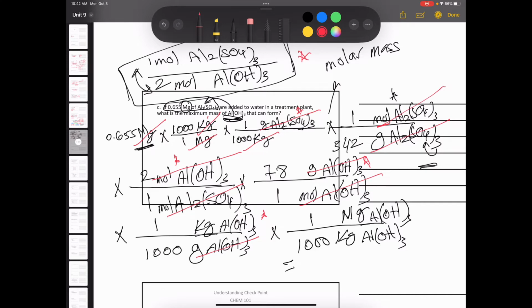And then I just need to convert that into a megagram using the conversion factor of the metric system. So when you put all these numbers in the calculator at the end, you will have 0.299 megagram AlOH3. Okay, so this is how much of the aluminum hydroxide will be produced if we were to start with 0.655 megagrams of aluminum sulfate.